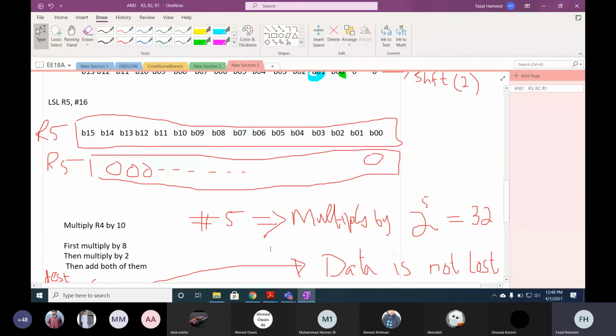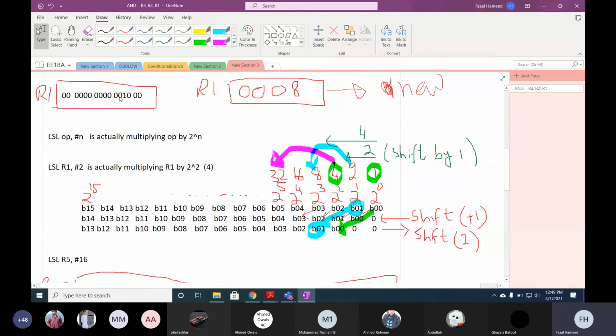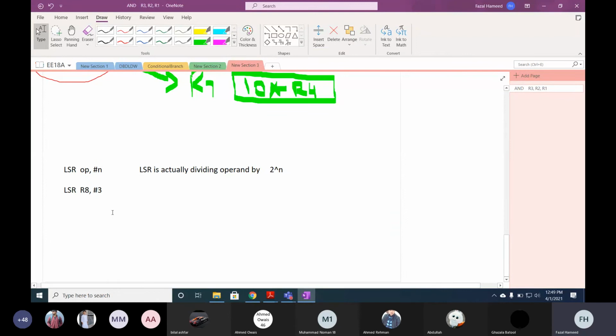Let's assume the value of R8 is like this: 1, 1, and then 6 zeros.